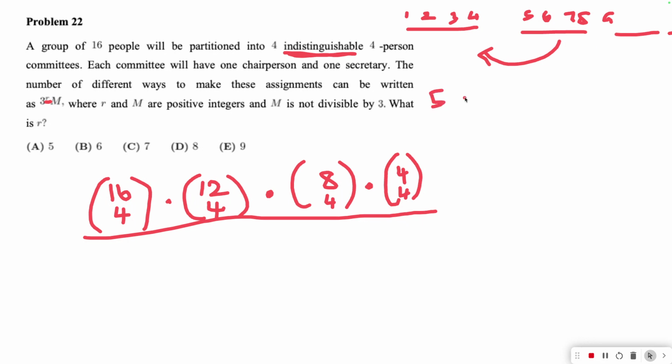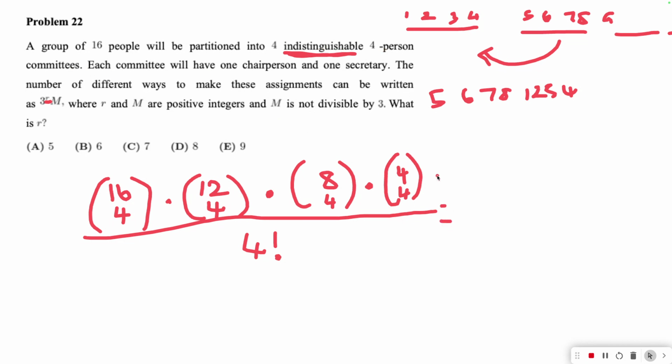So even if at the start we chose 5, 6, 7, 8, then 1, 2, 3, 4, and then 9, 10, 11, 12, 13, 14, 15, 16, these would still be the same arrangement. So we have to divide the count, because we're overcounting by the number of ways to arrange the four committees. Since there are 4 committees, there would be 4 factorial ways, because the committees are indistinguishable. So we have to divide this by 4 factorial. So this is how many ways we can make the 4-person committees.